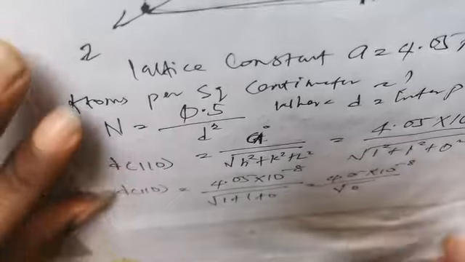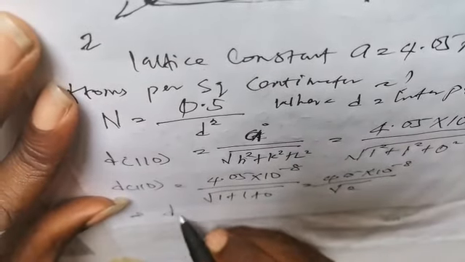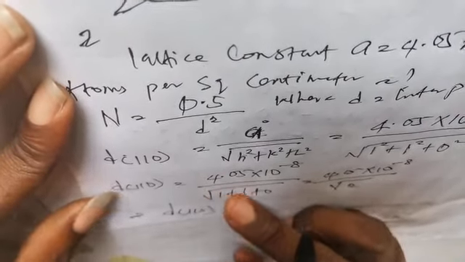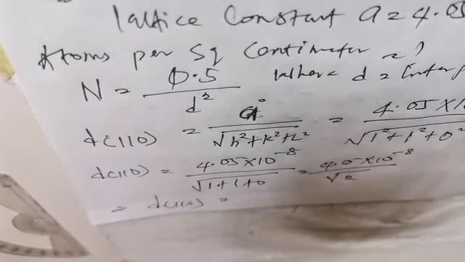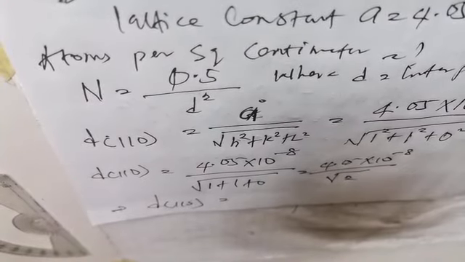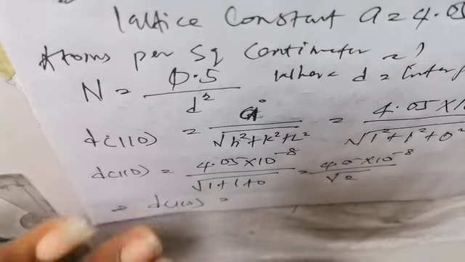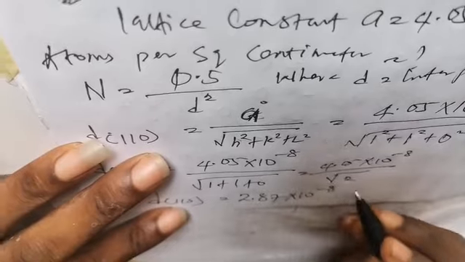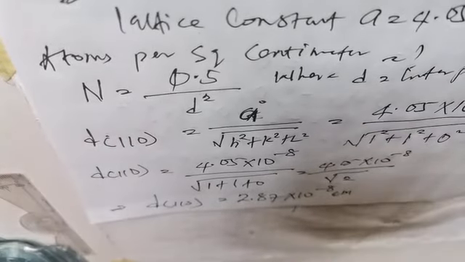Let's do this all at once to save time: 4.05 exponential minus 8 divided by root 2. That gives me 2.87 by 10 to the power of minus 8. So the interplanar spacing is 2.87 by 10 to the power of minus 8 in centimeter approximately.